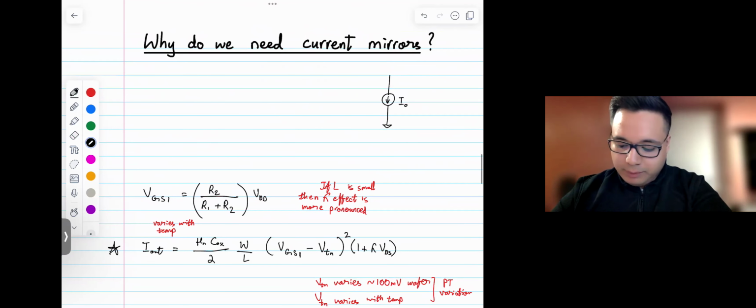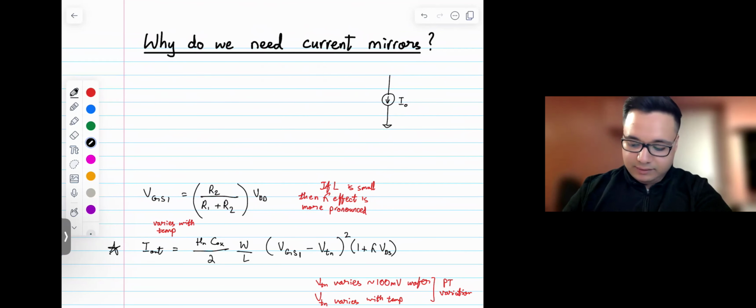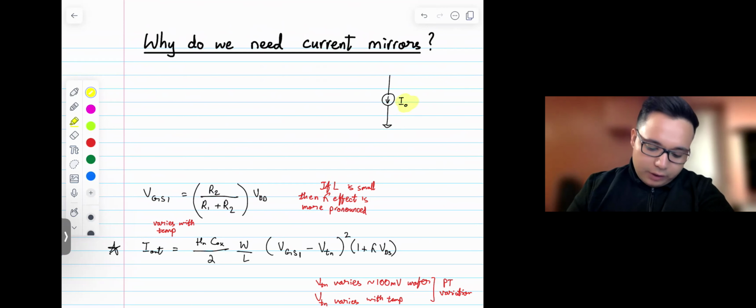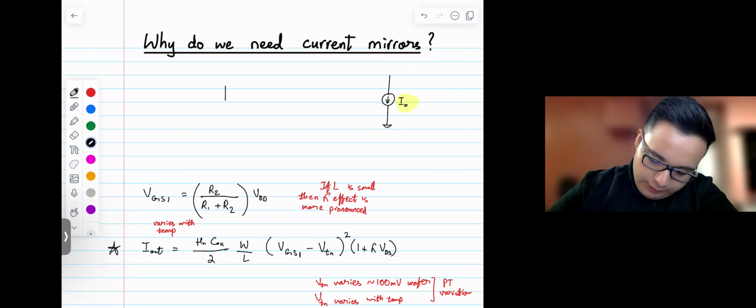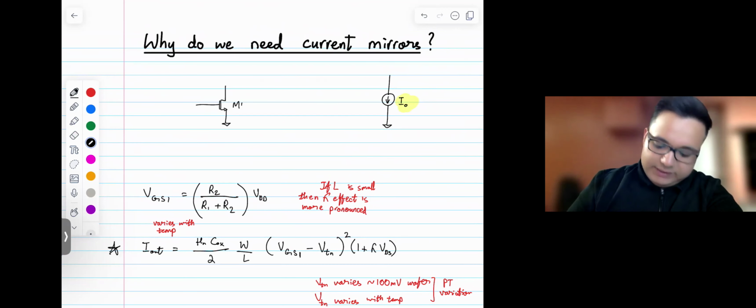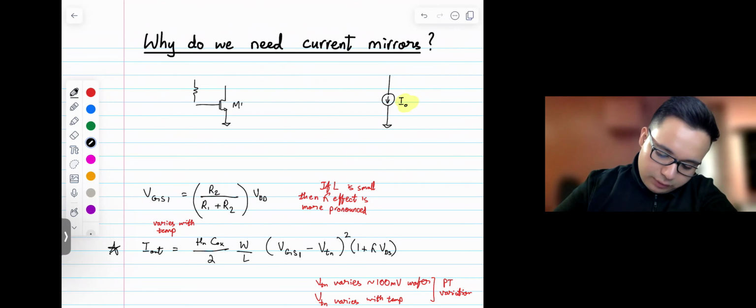We're trying to mimic an ideal current source that, let's say, has a current I naught. Let's say I come up with this solution. I have a transistor M1, and then I set a particular VGS based on a resistor divider. So that's my resistor divider. Let's say this is R2, this is R1, and that's the VDD.